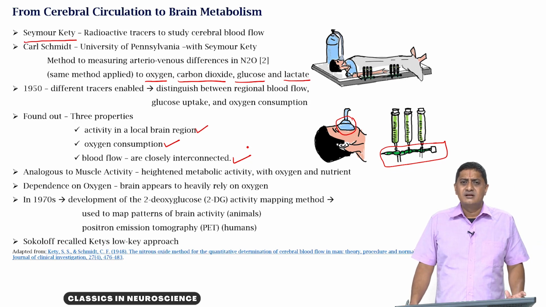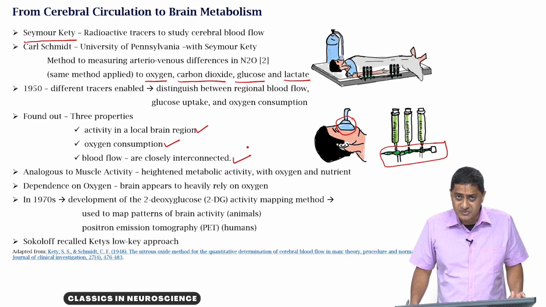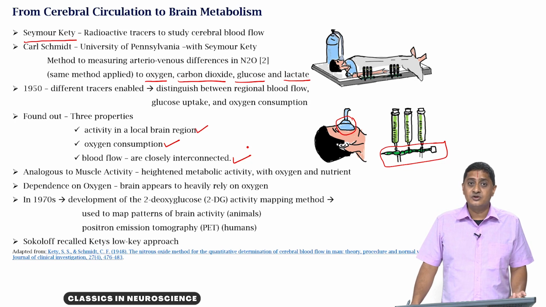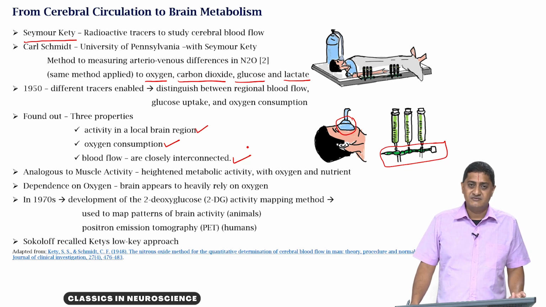The brain consumes more oxygen than any other part of the body that has the same weight and the same volume, for example. That is, when you compare the amount of oxygen consumed per unit volume or per unit weight by any region of the body, it will be found that the brain consumes a huge amount of oxygen when compared with the other organs in the body.